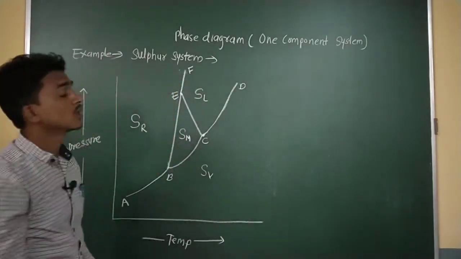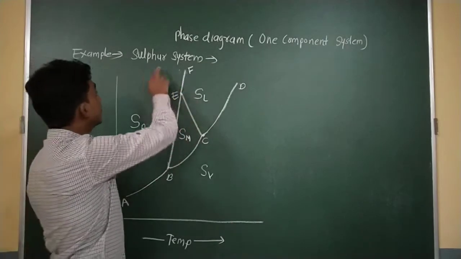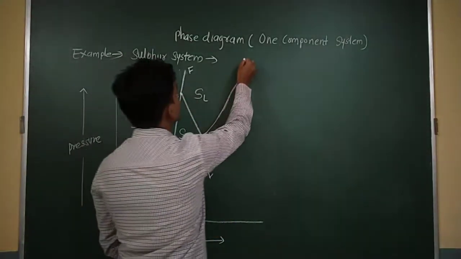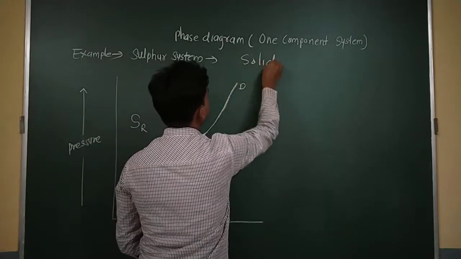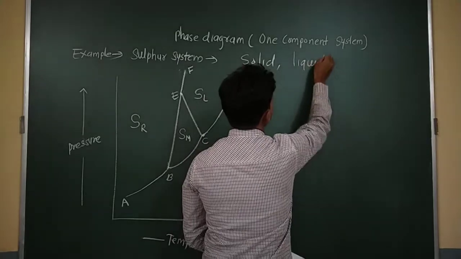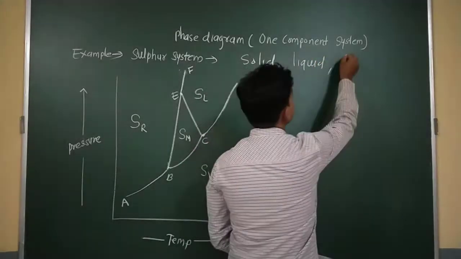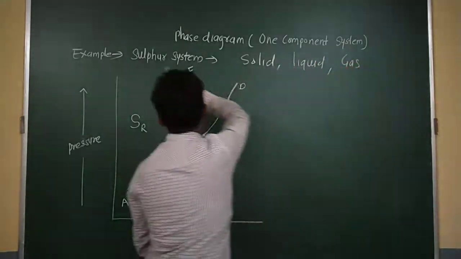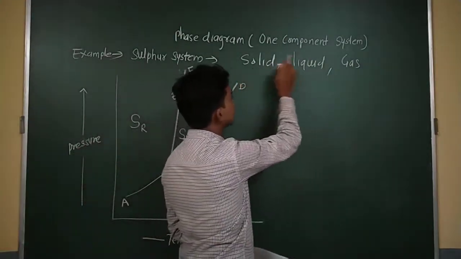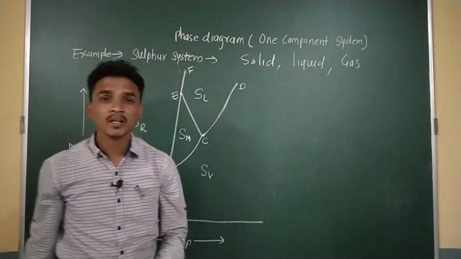The sulfur system is also a one component system, and as we know sulfur exists in three states. First state is what? Solid. Second state is what? Liquid. And third state is what? Gas. That means sulfur also exists, like water, in the form of solid, liquid, and gas.